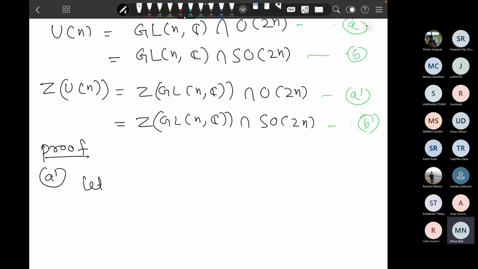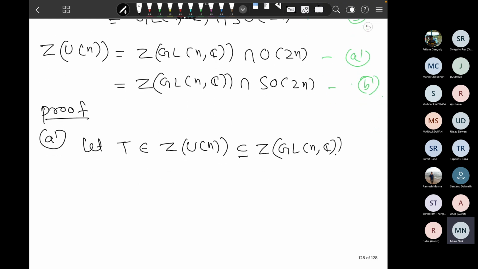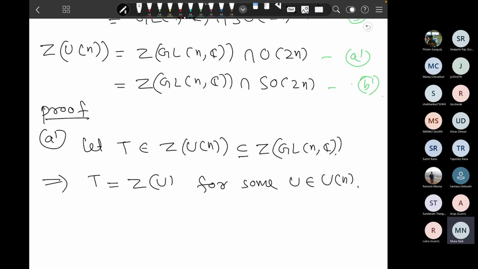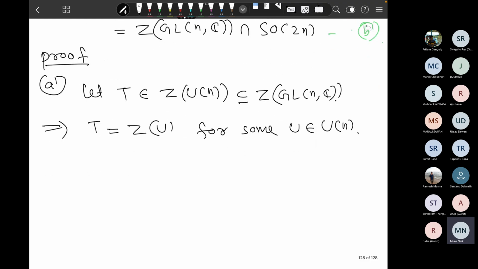So A prime is this thing. Let T belong to Z(U(n)). By definition, Z(U(n)) is contained inside Z of GL(n, C). Now, as T belongs to Z(U(n)), this implies T is equal to Z(U) for some U belonging to U(n). Now, as U is a unitary matrix, it preserves the norm on C^n.